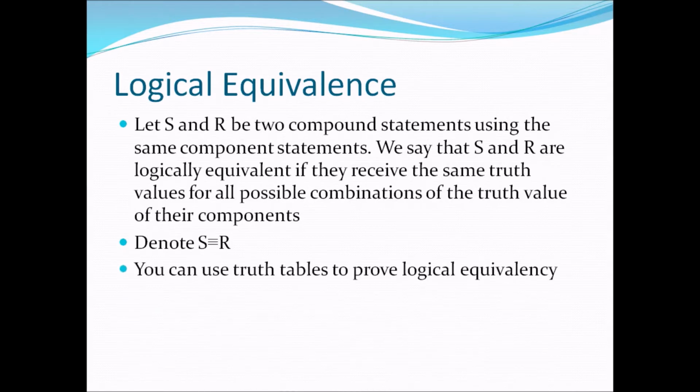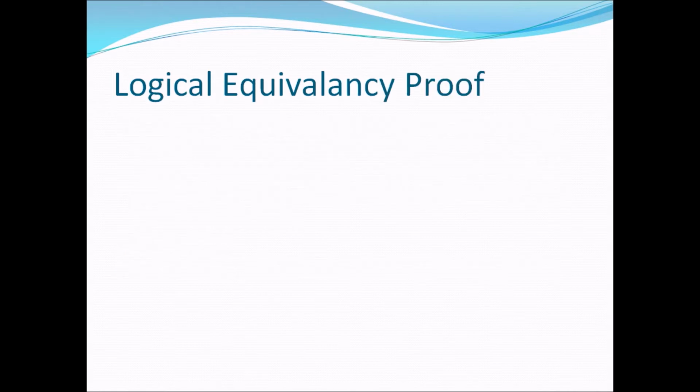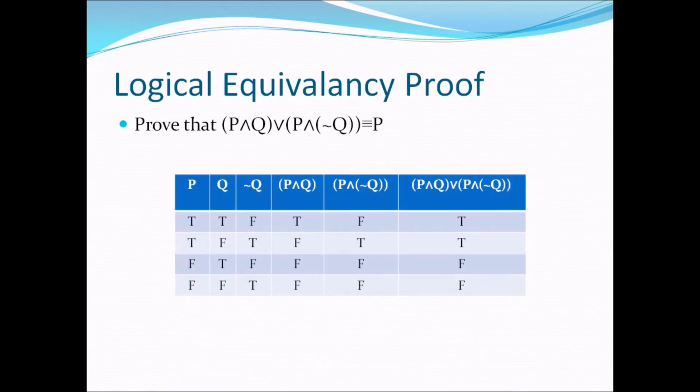And you can use truth tables to actually prove that these equivalencies hold, and that's what we're going to do in the next slide. So here's a proof. We're going to prove that P and Q, or P and not Q, is equivalent to P. So I set up the truth table here, and since P was on the right hand side, and it was the shorter of the truth values, I just put it on the left.